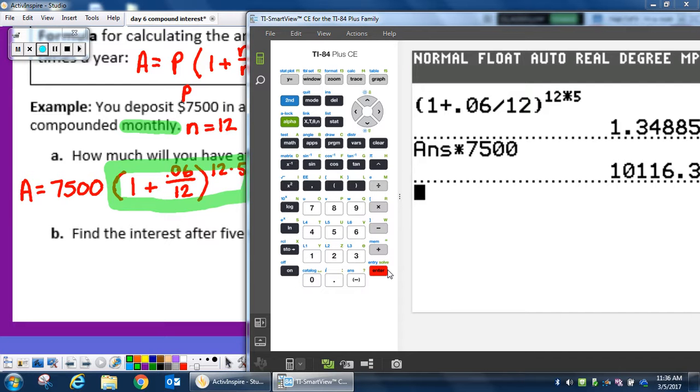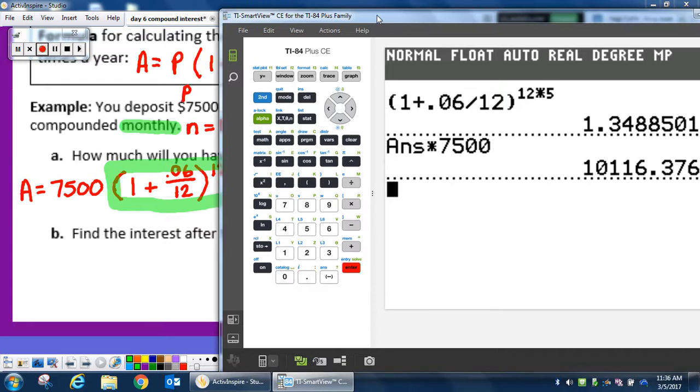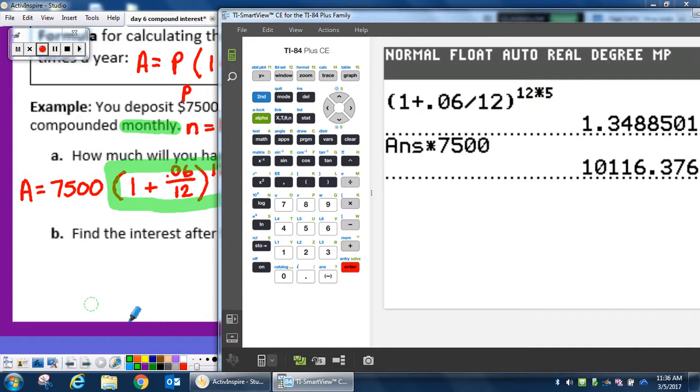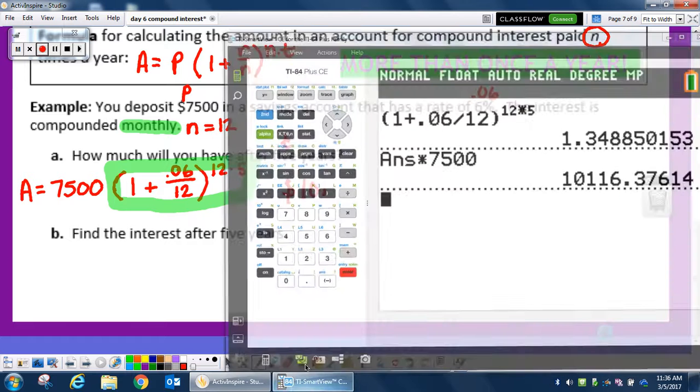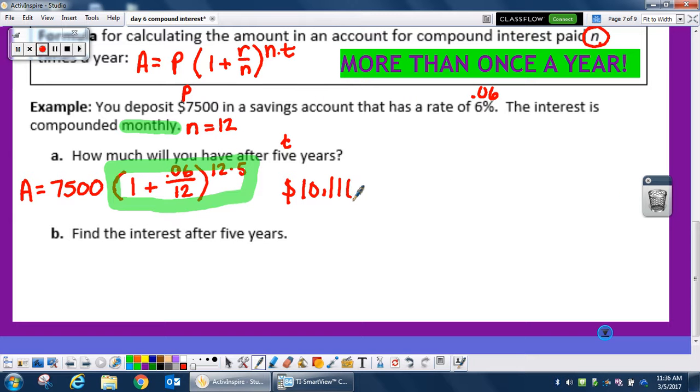Okay, so you get $10,116.38. So, 10,000, what did we say? $116.38.